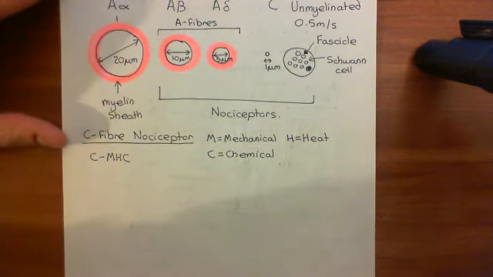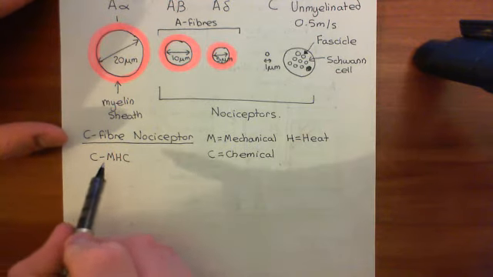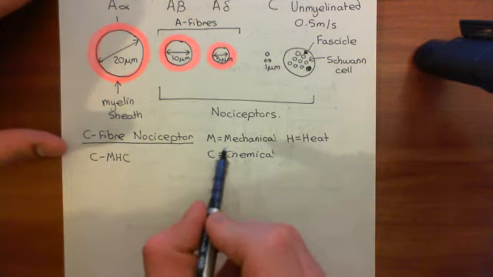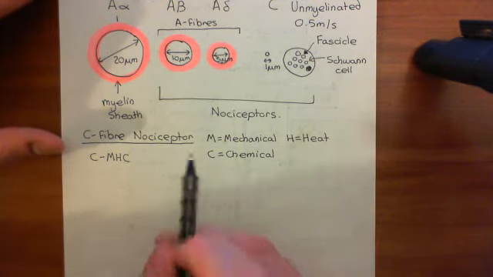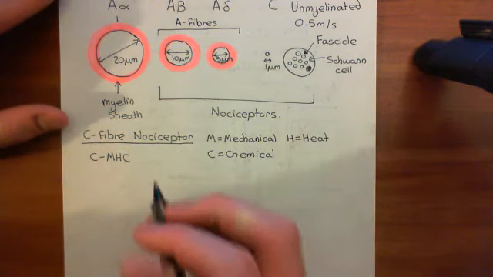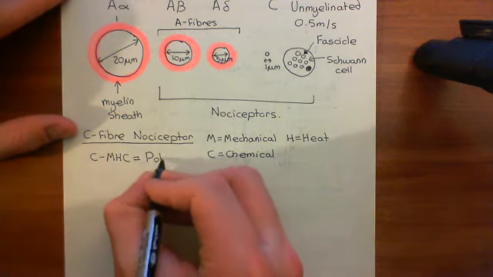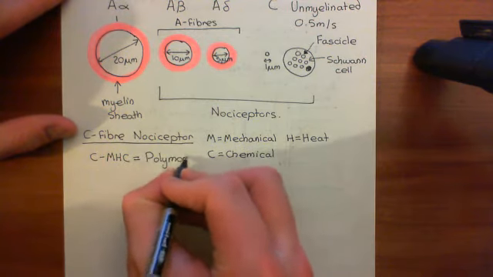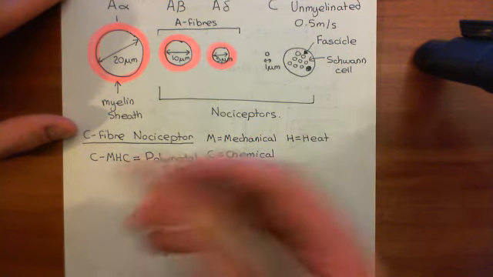Let me repeat that. This is a neuron, and it will be stimulated to fire an action potential not just by mechanical noxious stimuli, but also by the other 2, heat and chemical stimuli. So it's sensitive to all forms of noxious stimuli. Now these have a more common name. They are called polymodal C fibers, poly meaning many, modal meaning form.